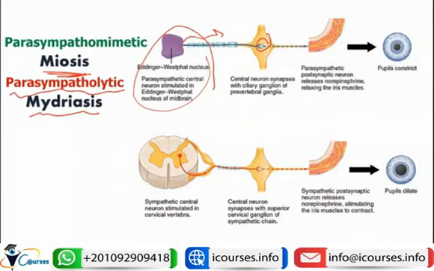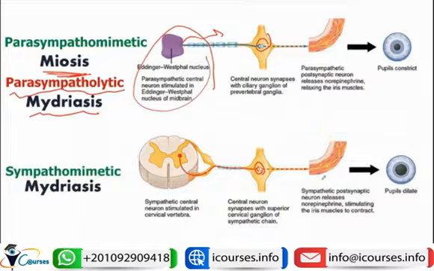Vice versa, in the sympathetic pathway, the lateral horn cells, from the cilio-spinal center of Budge from C8 to T2, give preganglionic fibers that will pass until they relay in the superior cervical ganglion. Then the postganglionic fibers will pass to reach their effector organ, for example the dilator pupillae muscle, causing stimulation of the alpha 1 receptor in the dilator pupillae muscle, leading to dilatation.